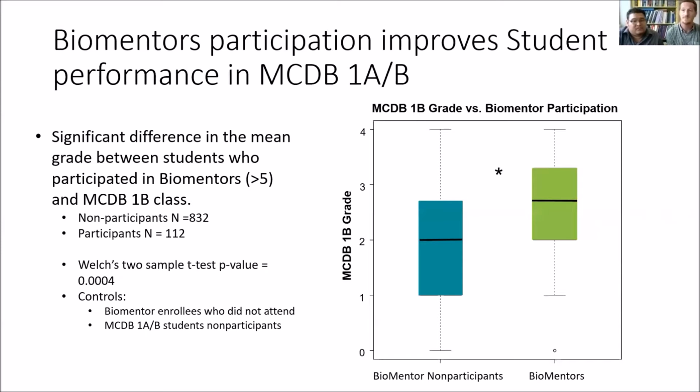And what we did here is we binned it. They had to attend at least 5 of the sessions. The second question that we have is, do you look at the impacts mentoring has on the LAs? That's something that we're going to address in the near future.